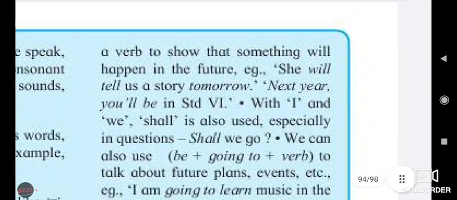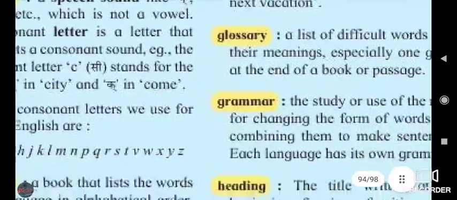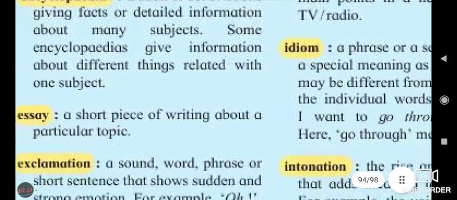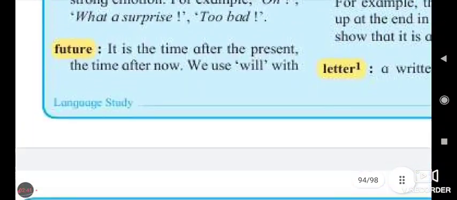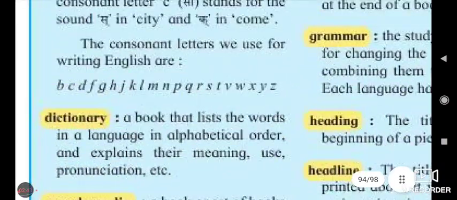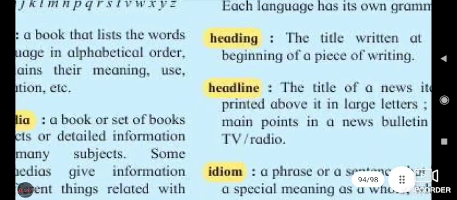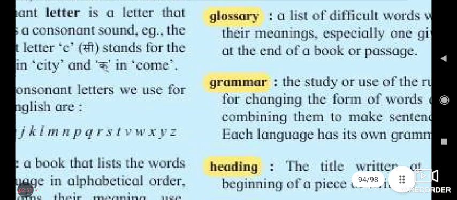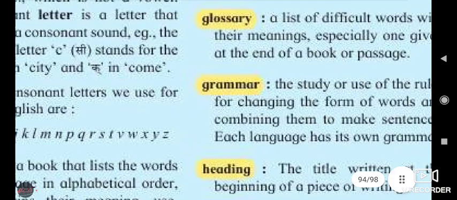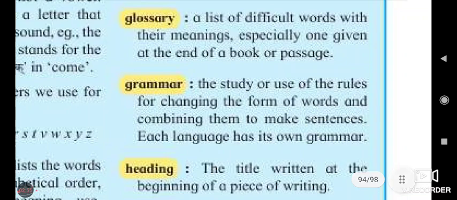A verb is to show that something happens. Here we have a verb, not encyclopedia. Another is grammar, a study or use of the rules for changing the form of a word and combining them to make a sentence.